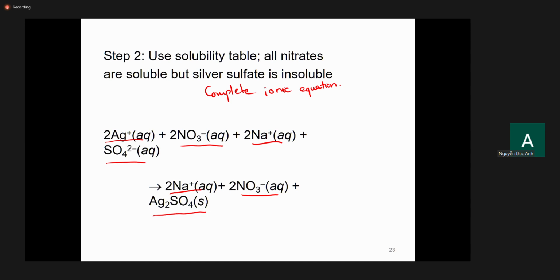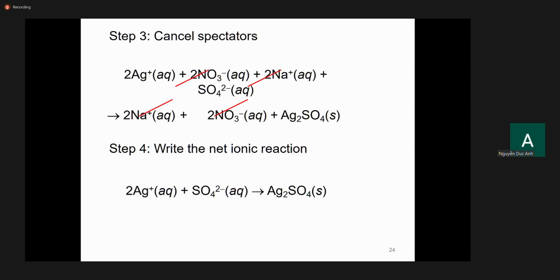After you get the complete ionic equation, the work now is to cancel the same ions, the spectators, which are not involved in the process.